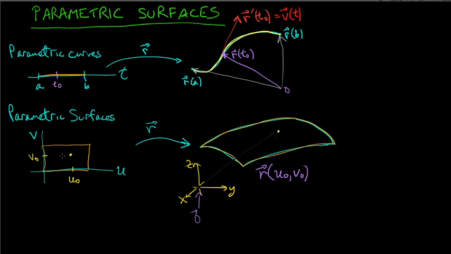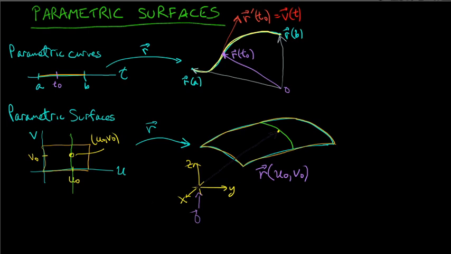In particular, if we fix u0 and think about all the other points on that vertical line, one of which is u0, v0. Maybe I should emphasize that this point here is u0, v0 in the uv plane. All those other points get mapped to all of these points here on the surface.